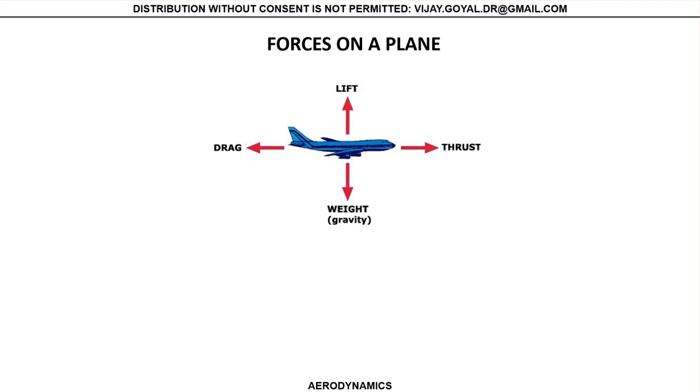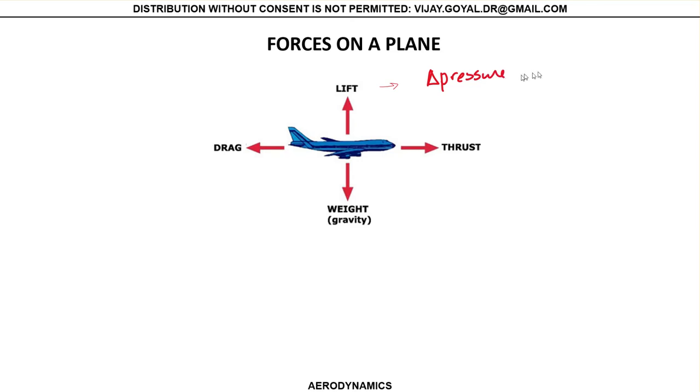So this thrust is the amount of thrust produced by your engine. Sometimes the engines are on your wings. Sometimes you have them here at the end. So these are the 3 types of loads that typically your aircrafts have. So in the case of lift, this is a positive delta pressure.